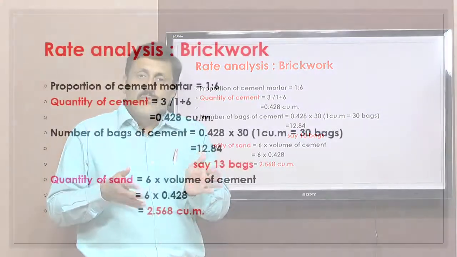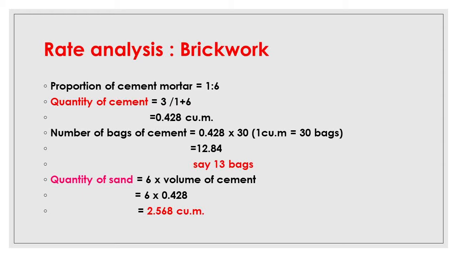Okay. So for calculation convenience, we consider 1 cubic meter cement is equivalent to 30 bags of cement. I repeat, for calculation convenience, normally we consider 1 cubic meter cement is approximately equal to 30 bags of cement.